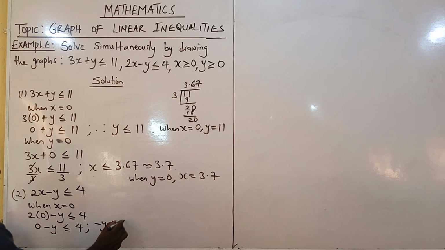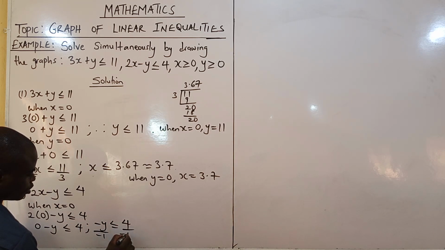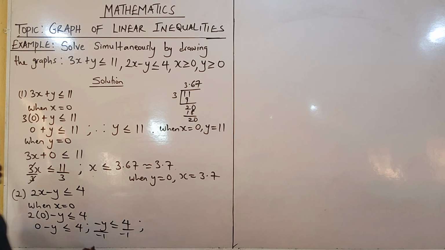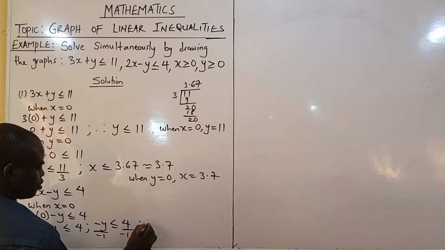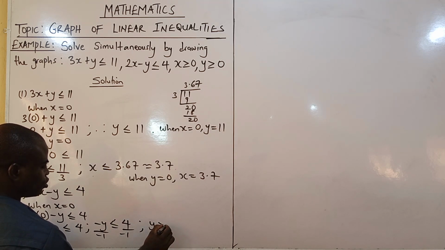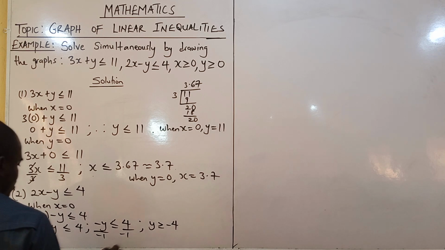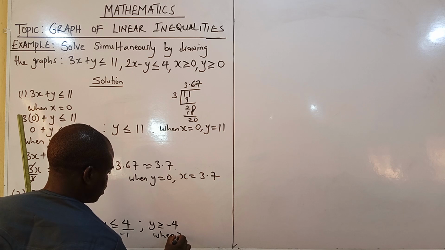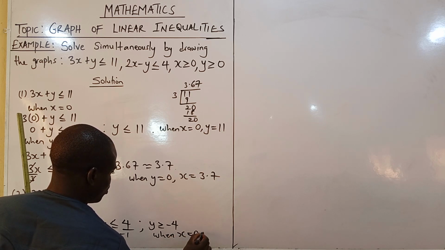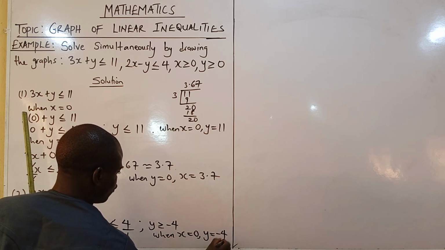Minus y less than or equal to 4. Divide both sides by minus 1. When you divide both sides by a negative, the sign changes from less than or equal to, to greater than or equal to. We have y greater than or equal to minus 4. So when x equals 0, y equals minus 4.